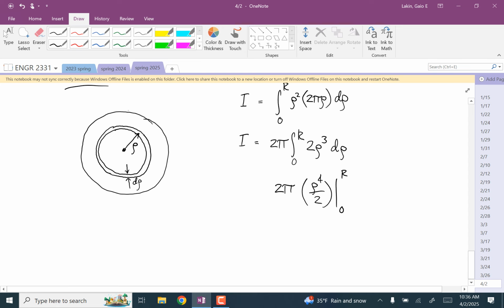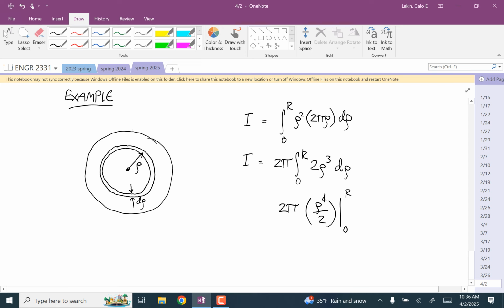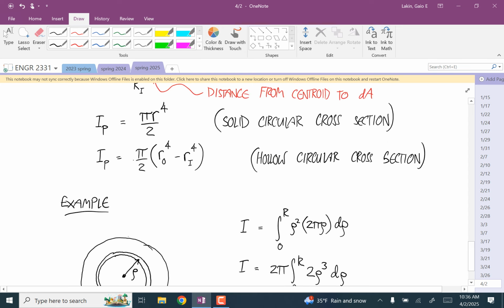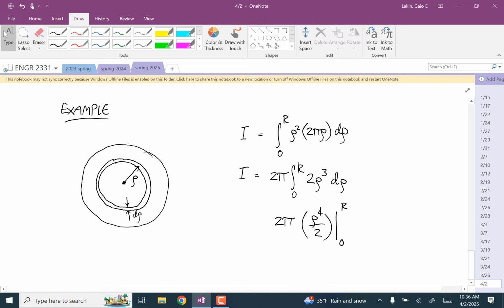Do I have something wrong here, though? Oh yeah, it should be rho to the 4th over 4, right? I feel like I'm missing a 2 somewhere. If it's over 4, then it becomes pi over 2, right? Yeah, because the integral of rho cubed is rho to the 4th over 4.